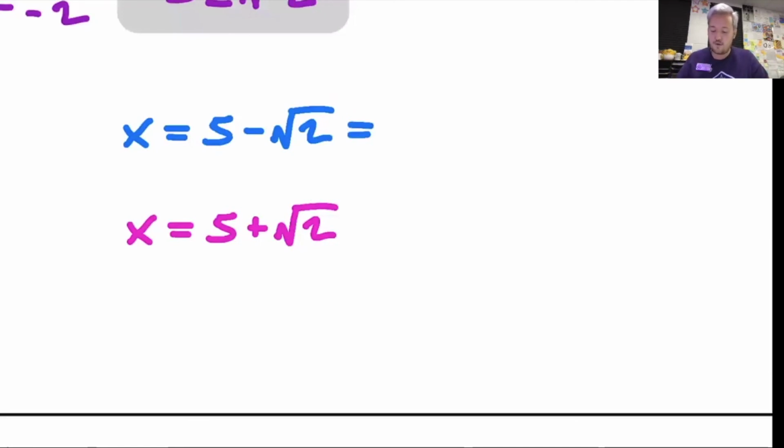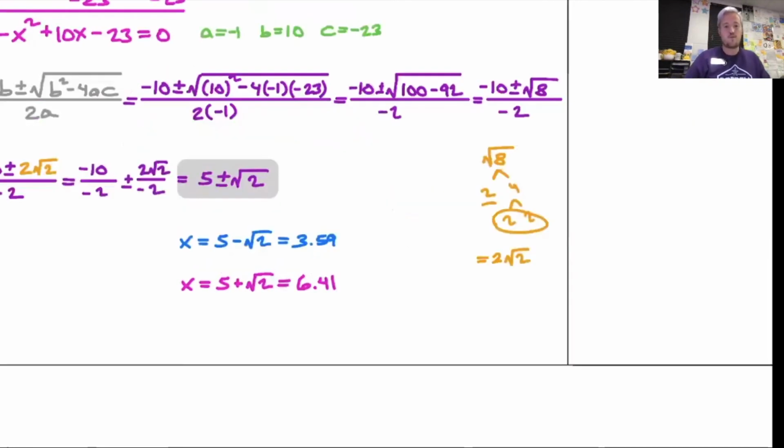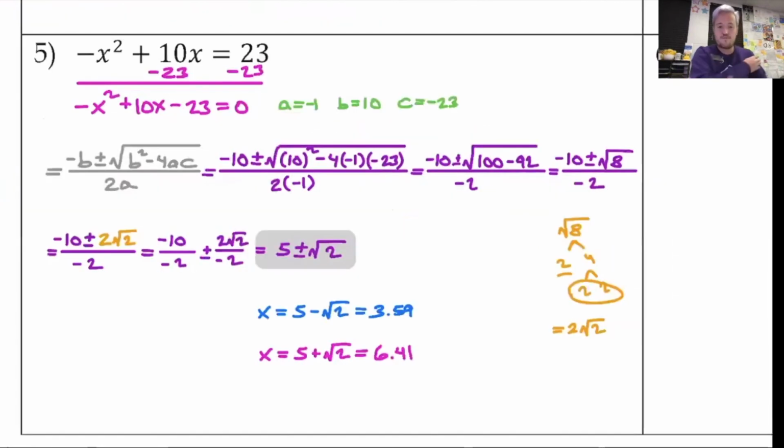So 5 minus the square root of 2. Decimal expansion is going to be 3.59. And then down below, when we are adding it, so 5 plus the square root of 2, it's going to give you 6.41. So whether you want the simplest radical form or the decimal form, there's both.